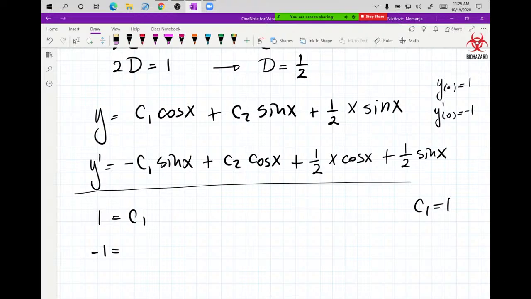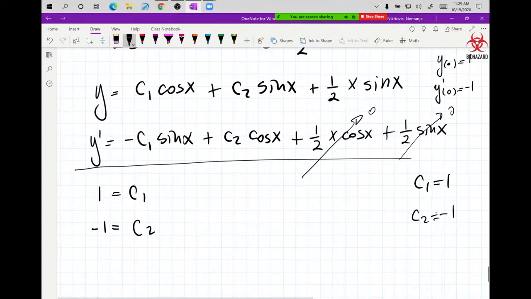Sine of 0 is 0. C2 survives. And then this term dies because x is equal to 0. So it's like half times 0 times 1. So it's 0. And this term dies because sine of 0 is 0. So we just got C2 equals -1 instantly without any calculation, which is awesome.